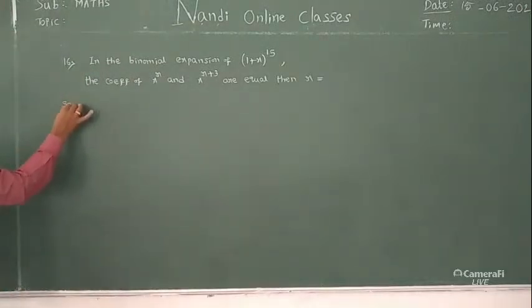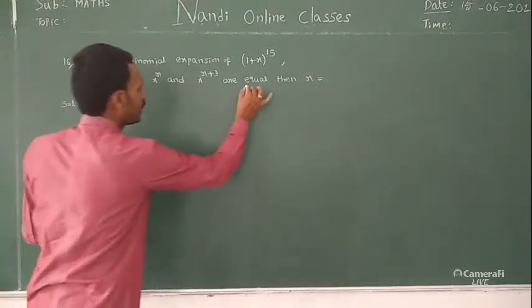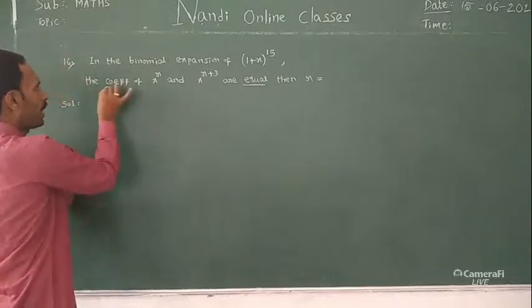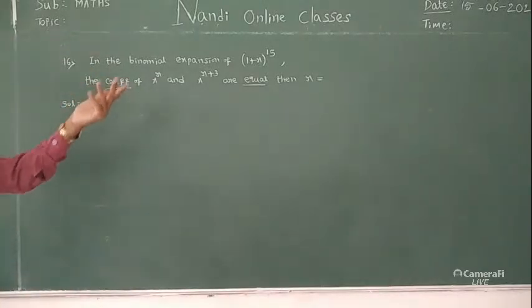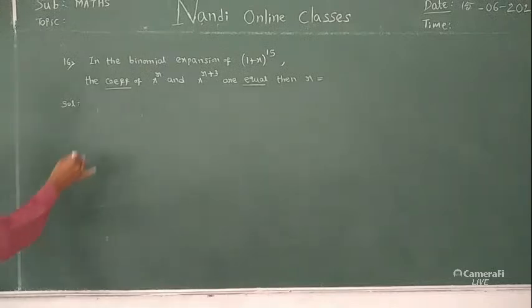Solution. Understand the question. In the binomial expansion of 1 plus x whole power 15, if the coefficients of x power r and x power r plus 3 are equal, then r is equal to? According to the question, not terms, coefficients equal. What is the r value? First I will expand 1 plus x whole power 15.